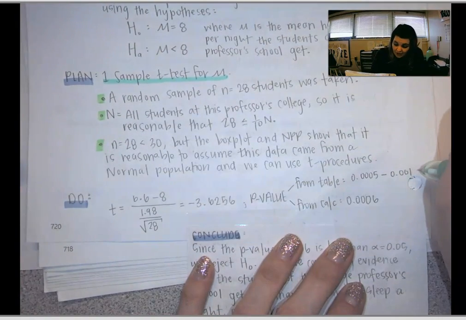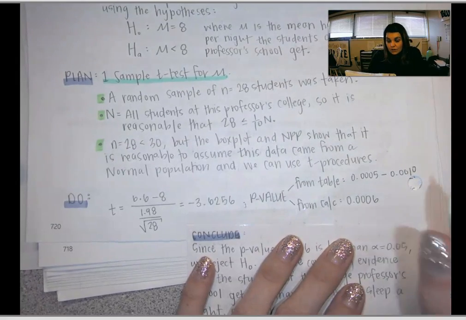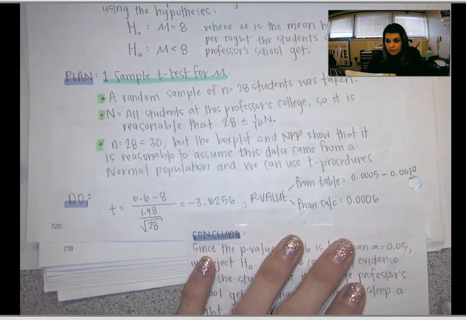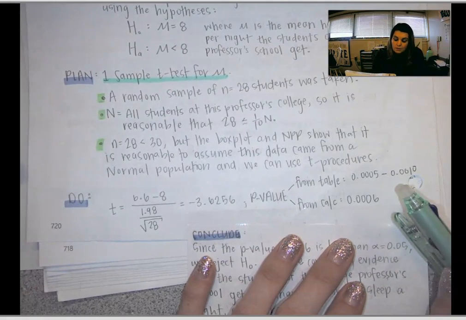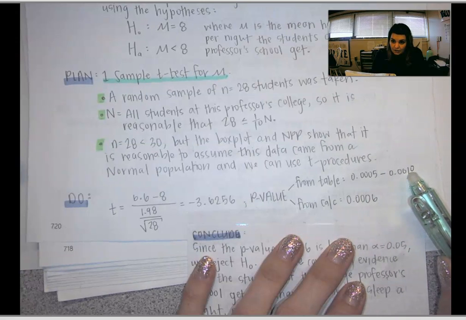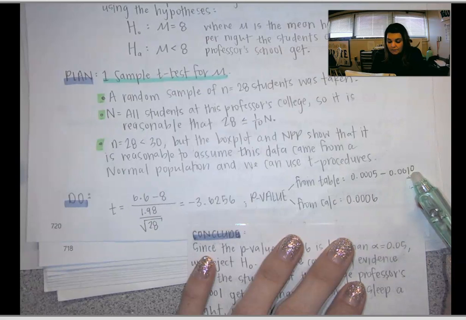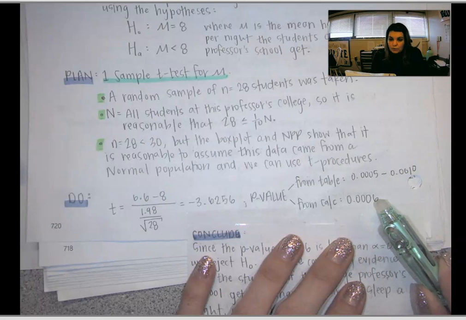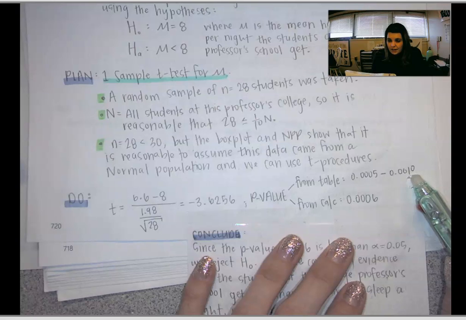I'm going to add on a number to the end. So these are both 4 decimals. My true p-value is between 5 and 10, but I know it's a really small number. So this would be 6. The true value is 6, so it is between 5 and 10.